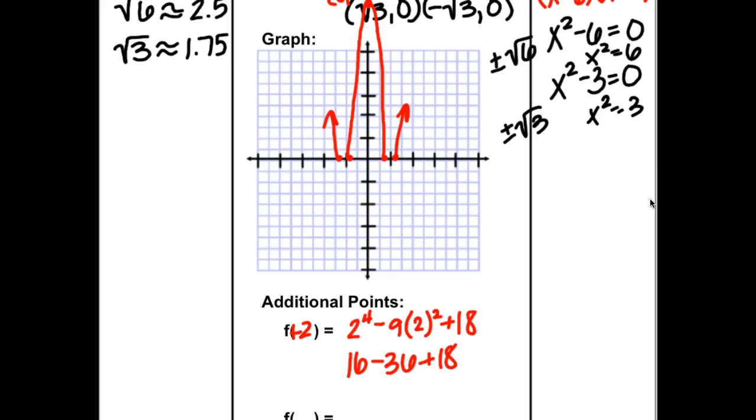We get negative 20 plus 18, which is negative 2. So that means I got (2, negative 2) and (negative 2, negative 2). So we put those in, and we got this really skinny W that, yes, I know my ends don't. You can get your ends up higher if you want to, but you don't have to if you don't want to. And that's it.